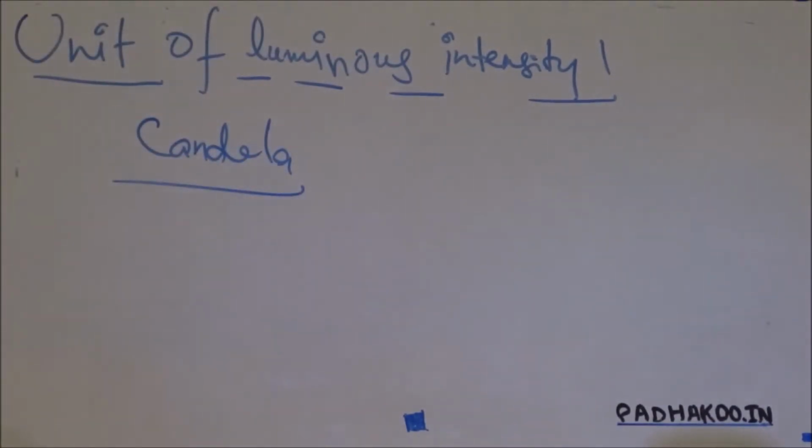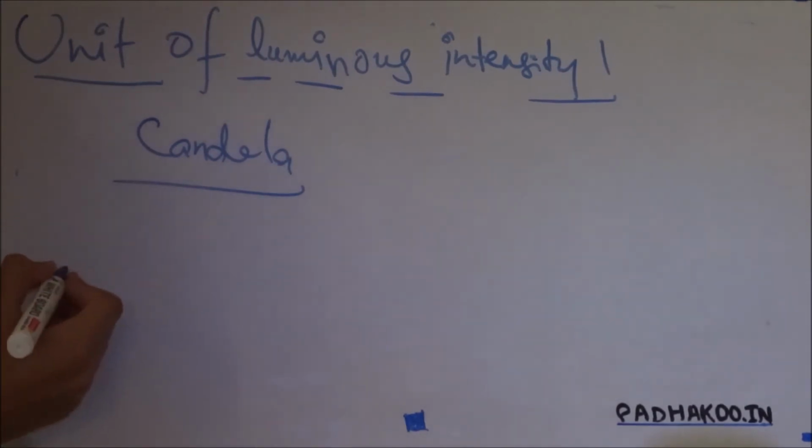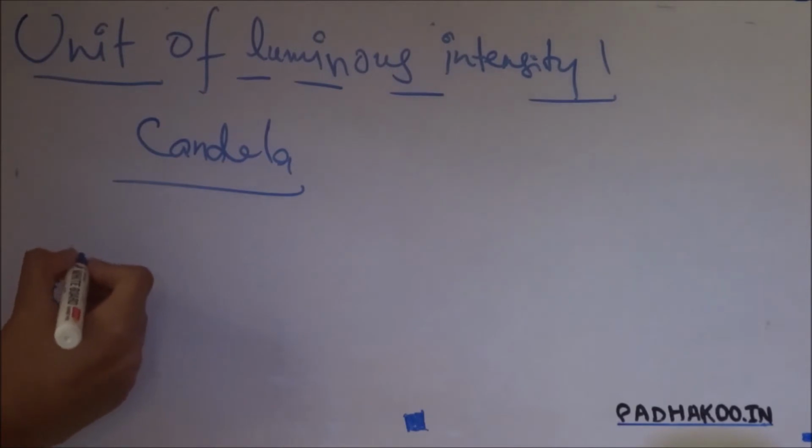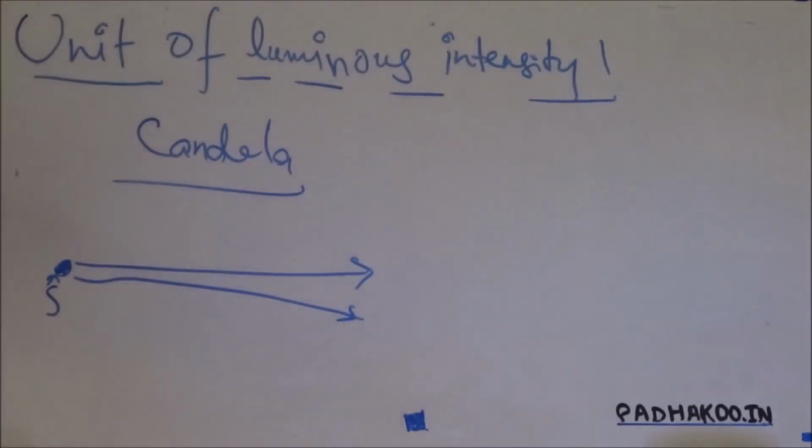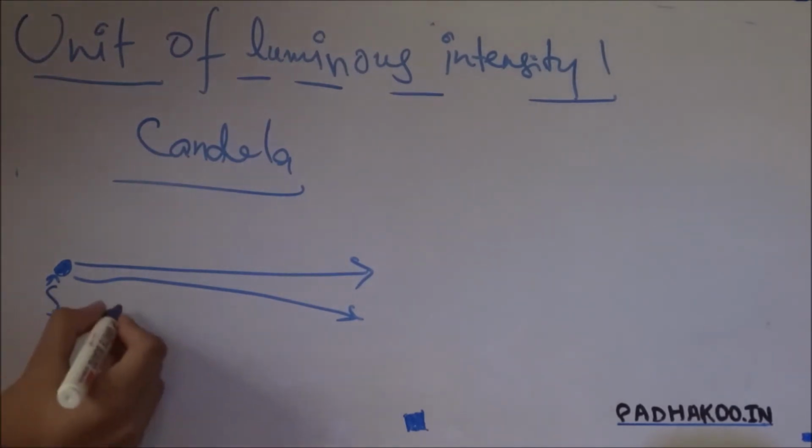Okay, candela is the unit of luminous intensity, and 1 candela is the luminous intensity in a given direction of a source that emits monochromatic radiation of frequency 540 into 10 to the power 12 Hertz. So let's make a source here. Source having monochromatic radiation, meaning visible light of only one color or one particular wavelength or frequency. So here it is given that frequency is equal to 540 into 10 to the power 12.